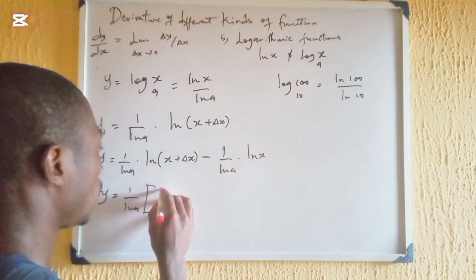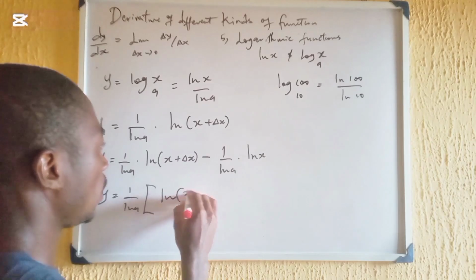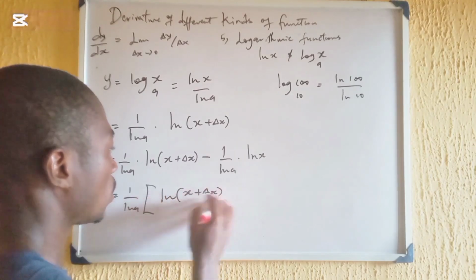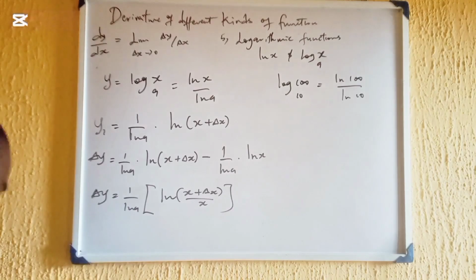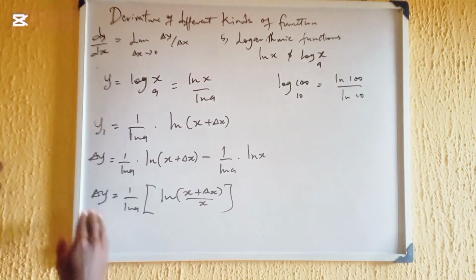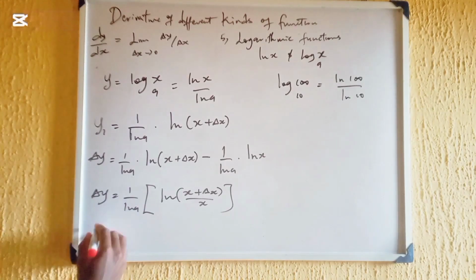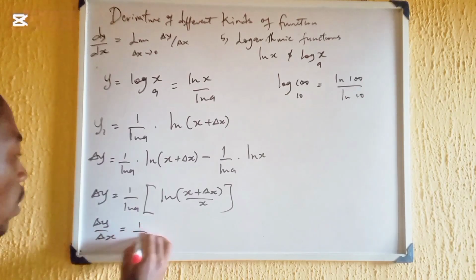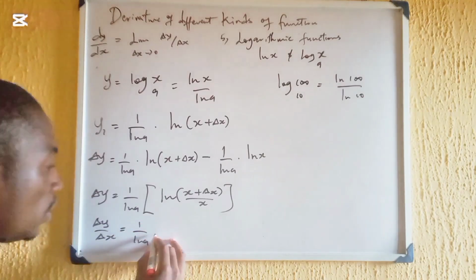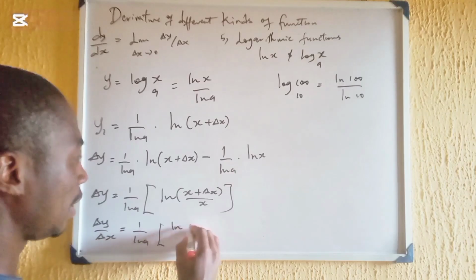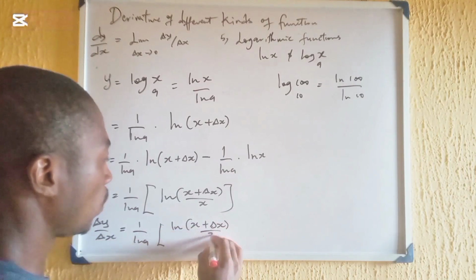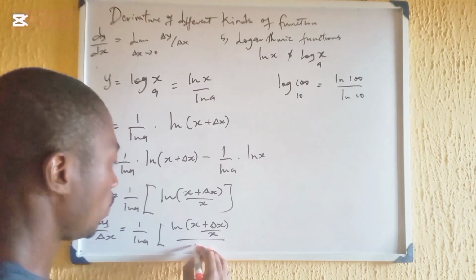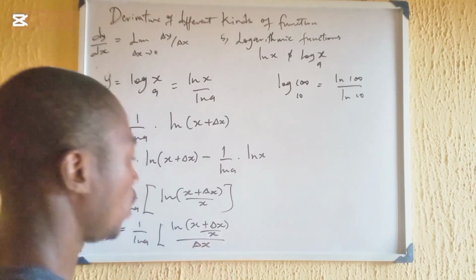That gives us ln of (x + change in x) over what? x. Now, what happens by the time we divide both sides by change in x? We'll be having that change in y over change in x is equal to 1/ln a, then into ln of (x + change in x)/x, then divided by what? Change in x.